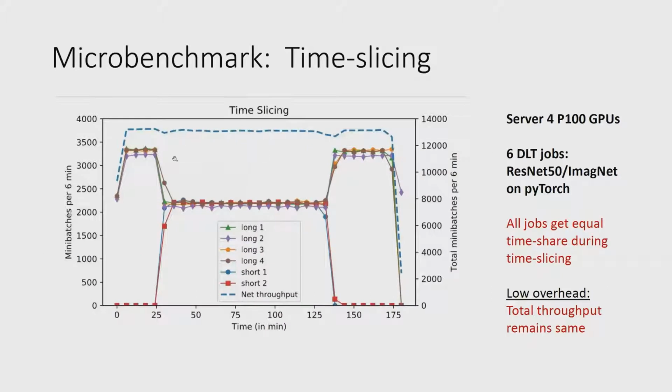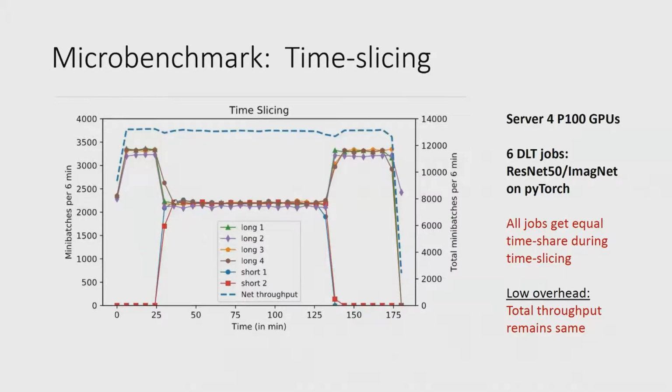So here you can see that when this long running job and short running job started with different numbers of GPUs, some of the jobs scheduled first achieve very high throughput. Then Gavel comes in after some runtime and says, hey, we should enable time slicing.